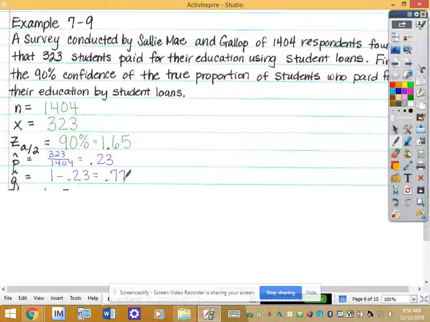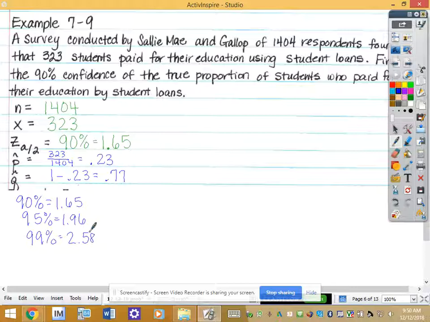Just as a reminder, the numbers that you're supposed to remember for the z of alpha over 2: 90% is 1.65, 95% is 1.96, 99% is 2.58.